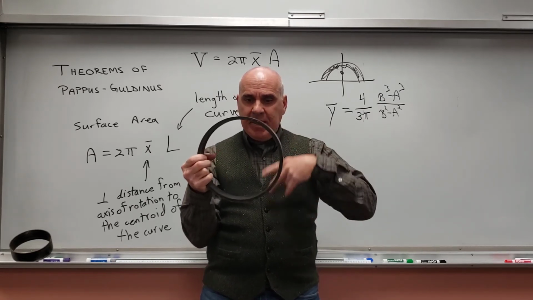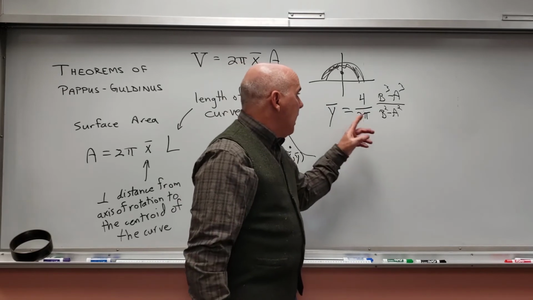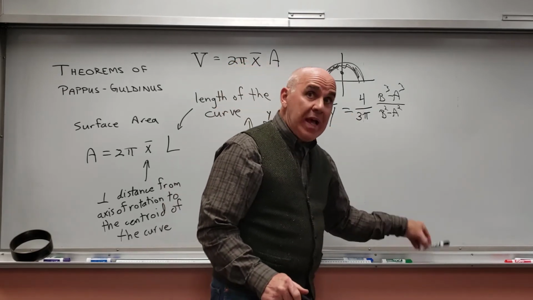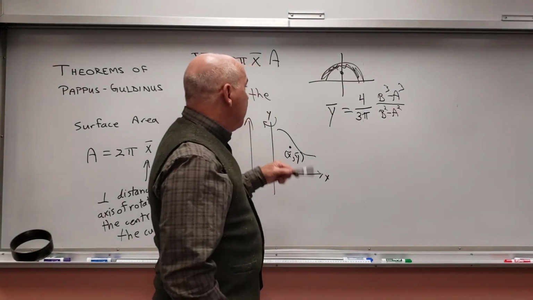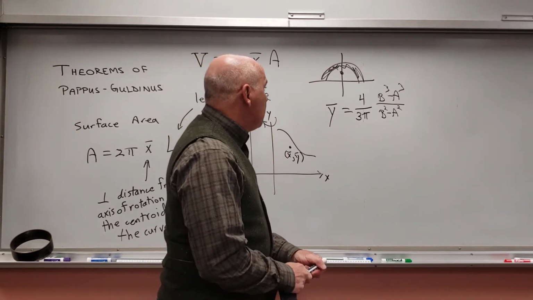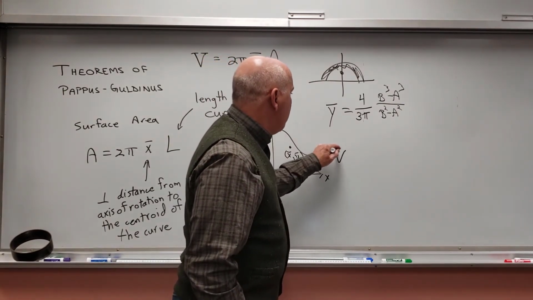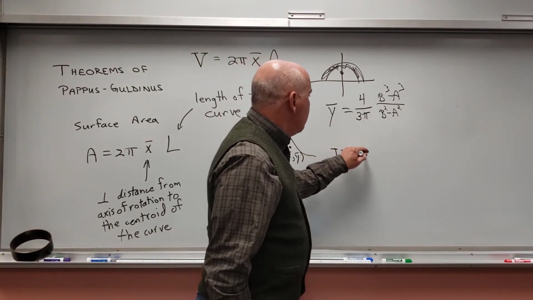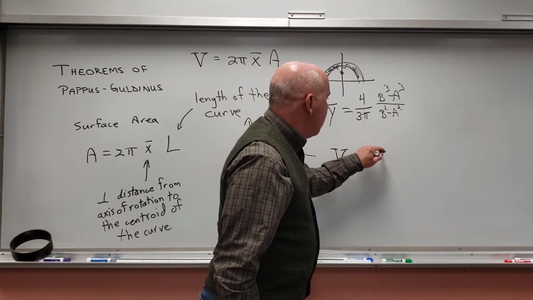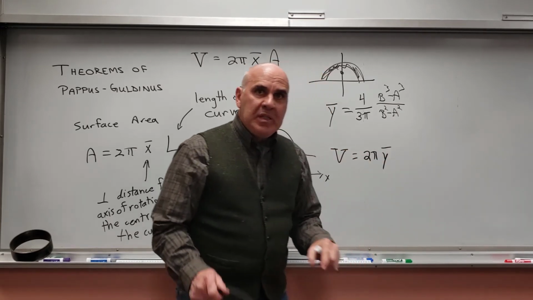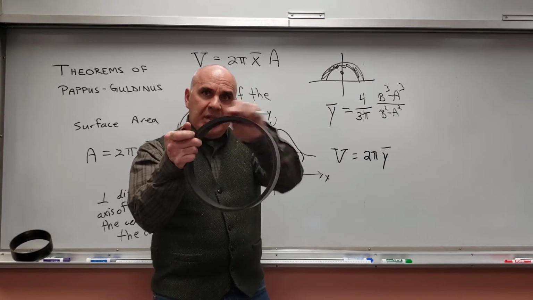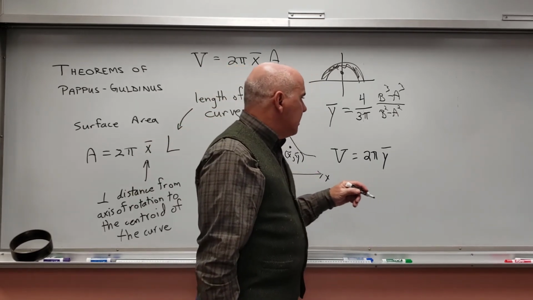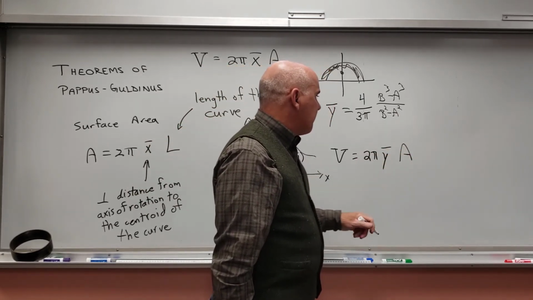And the volume of that volume of revolution is going to equal 2 pi times y bar times the area of that thick ring.